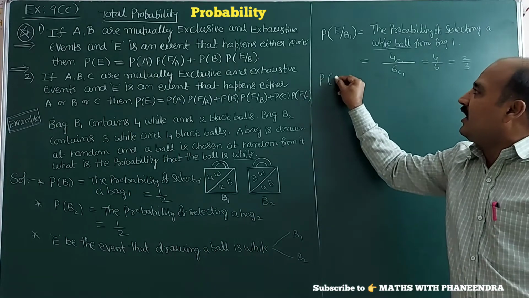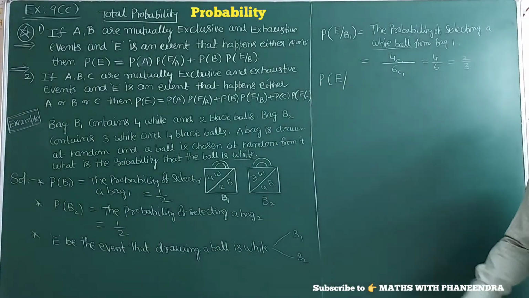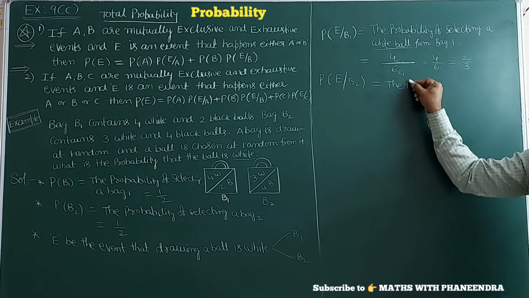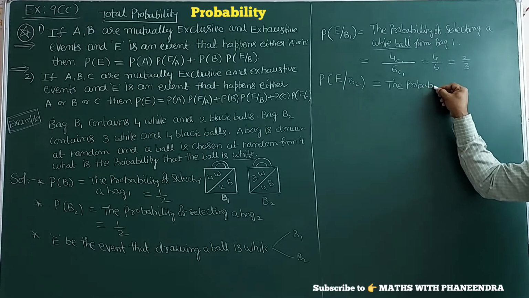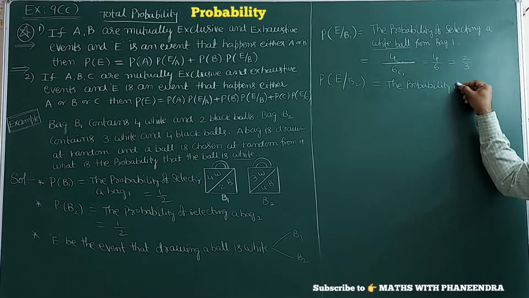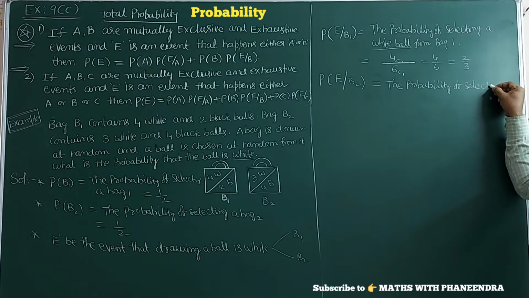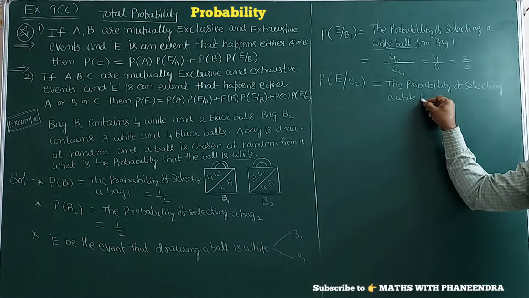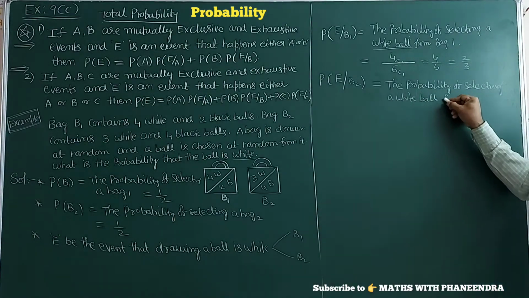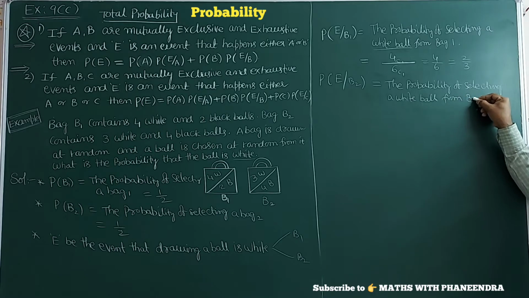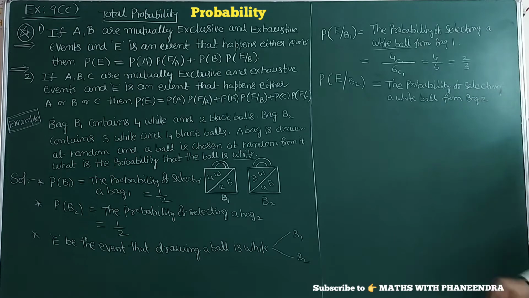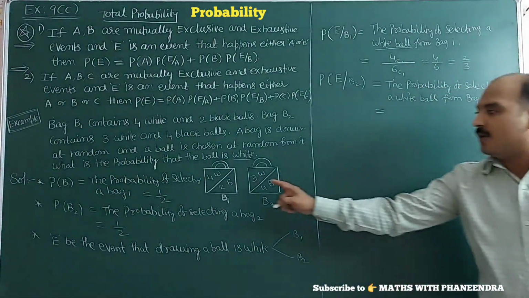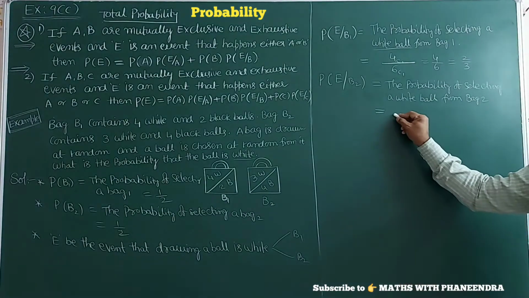Similarly, the probability of selecting a white ball from bag 2, which is equal to, so total how many balls are there in bag 2? 3 white plus 4 black, so total 7 balls are there.